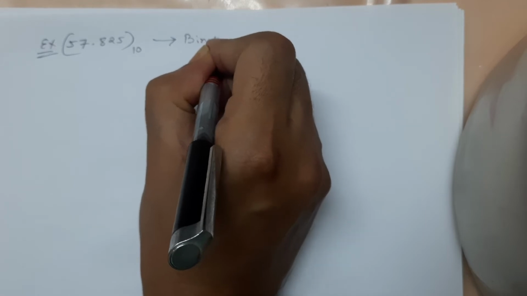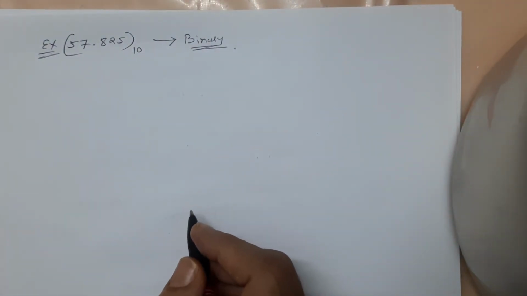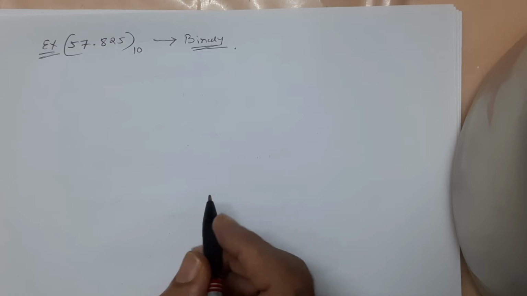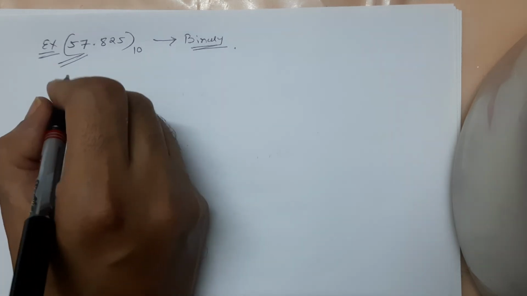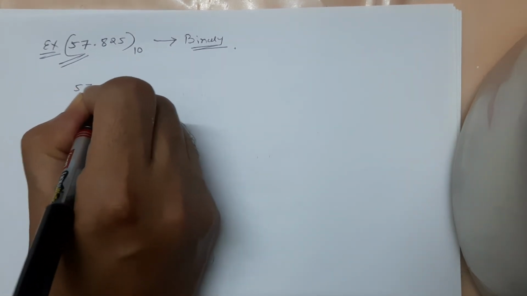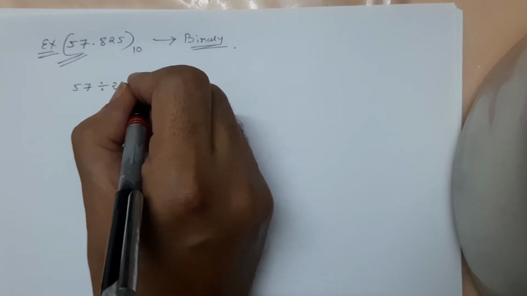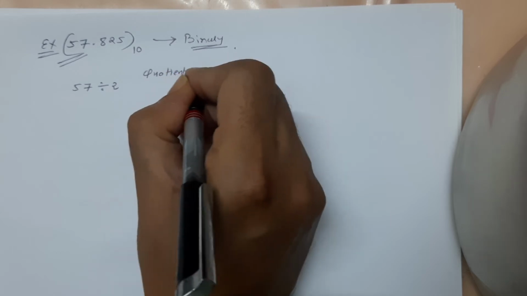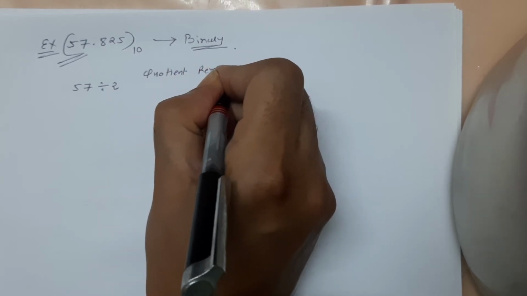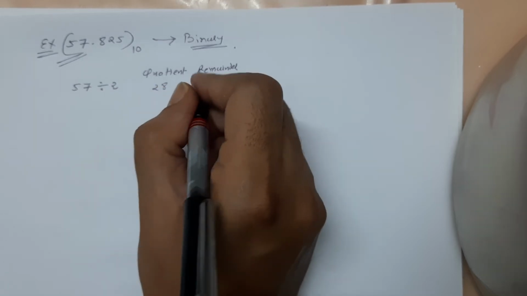We want to convert it into binary with the help of multiplication and division. First of all, we take 57, then 57 divided by 2 gives quotient and remainder: 28 and 1.